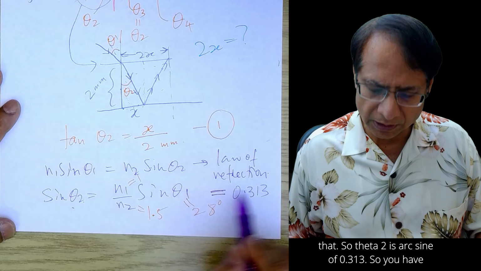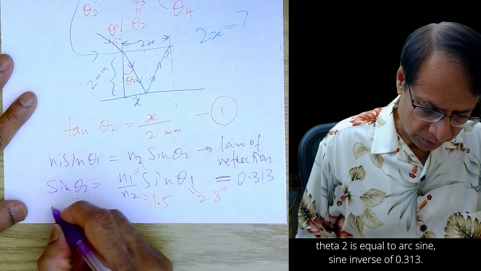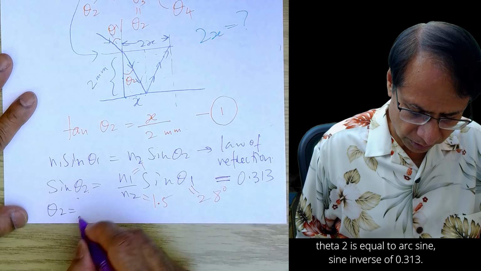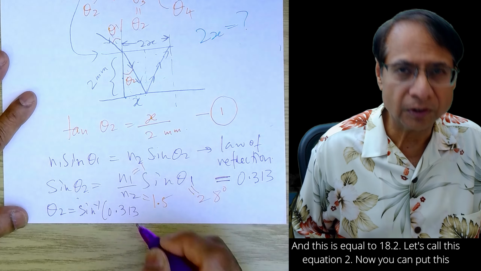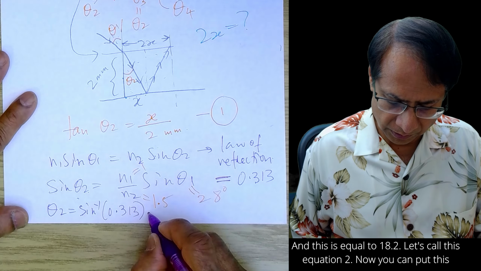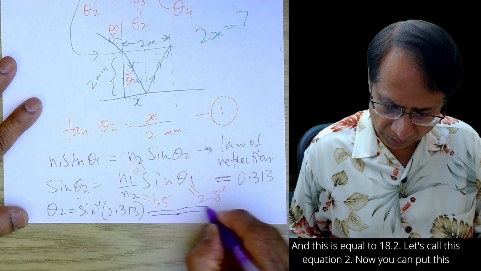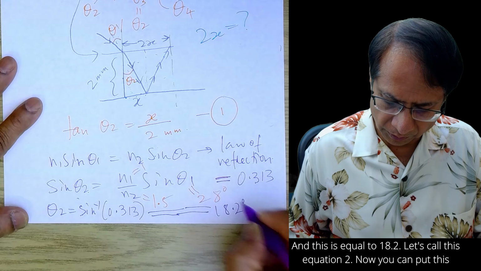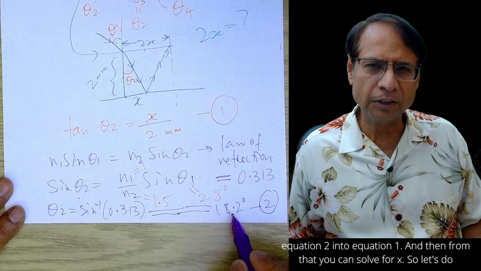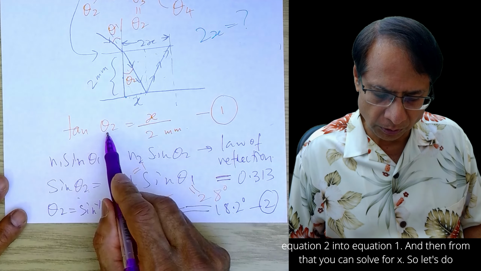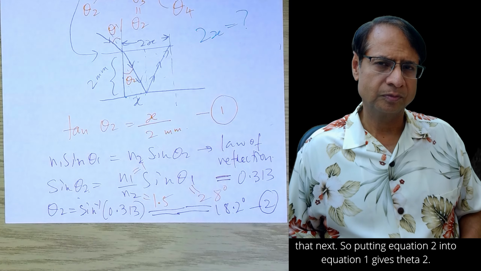So theta 2 is arc sine inverse of 0.313, and this is equal to 18.2 degrees. Let's call this equation 2. Now you can put equation 2 into equation 1, and then from that you can solve for x. So let's do that next.